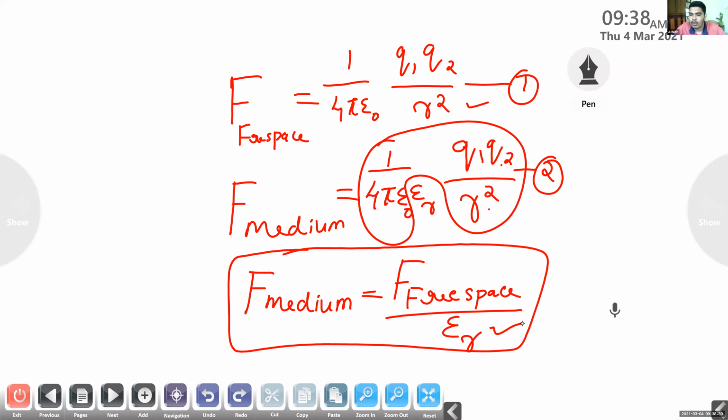Ma'am, can you explain again what is relative permittivity? Permittivity is the ability of free space to permit the electric field. Similarly, if there is a material medium between these charges. In the first case, we are separating the charges Q1 and Q2.